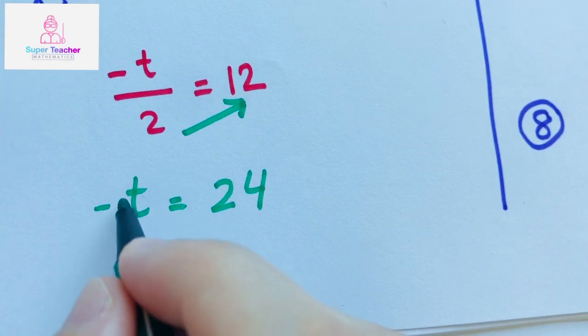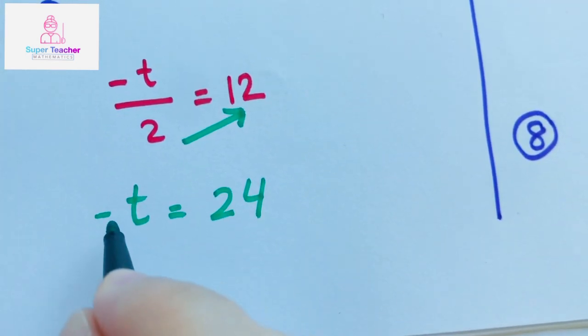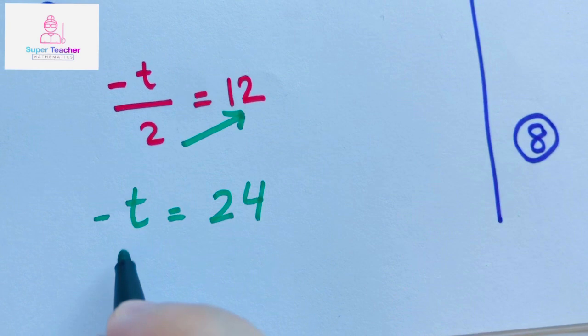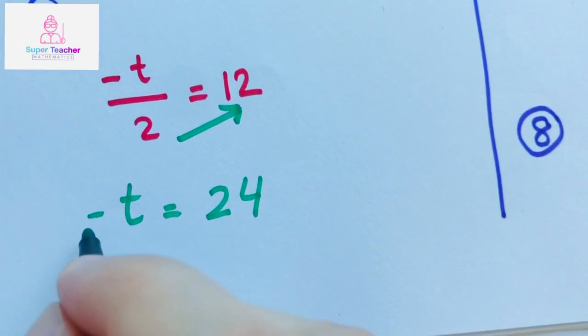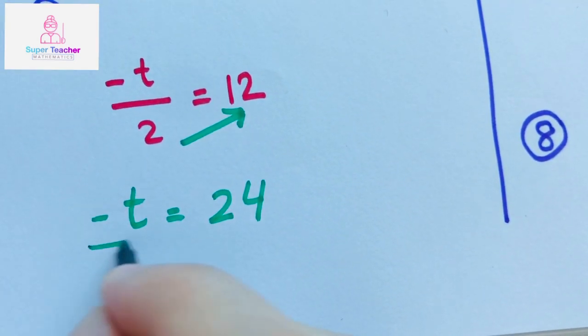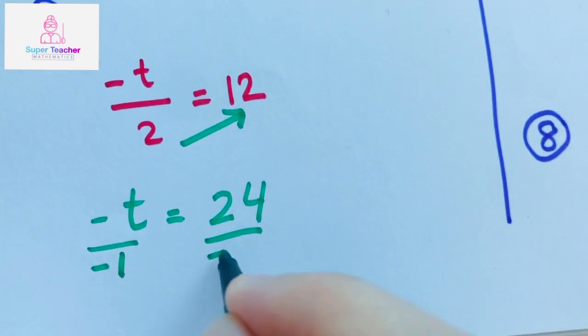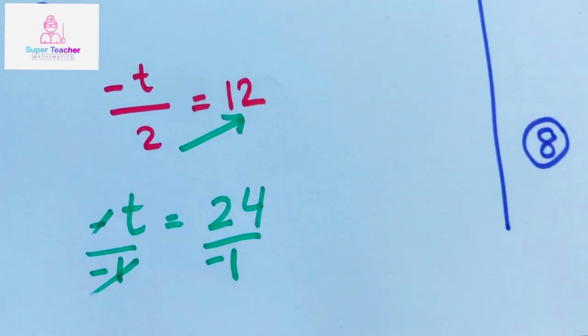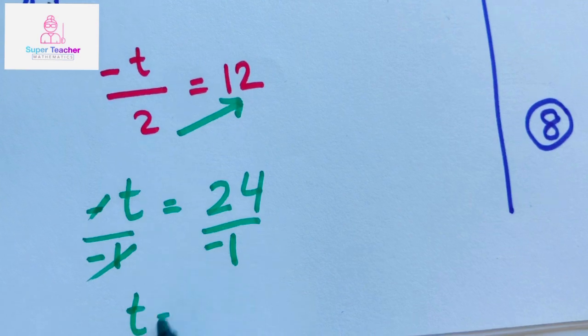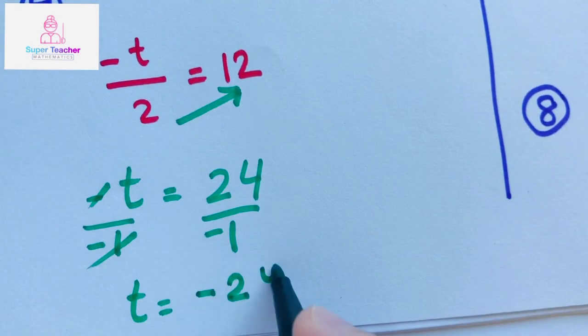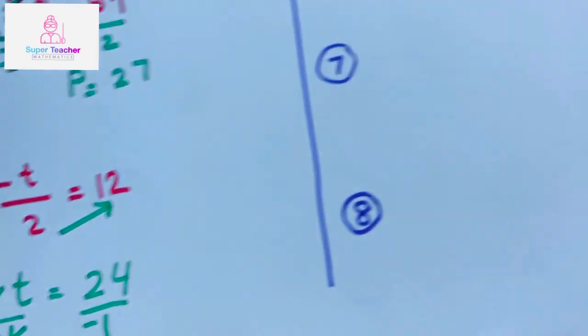Or you can divide or multiply by -1 to remove the negative. I'm going to divide by -1 both sides. Why? Because I want to remove the negative. So t equals -24.